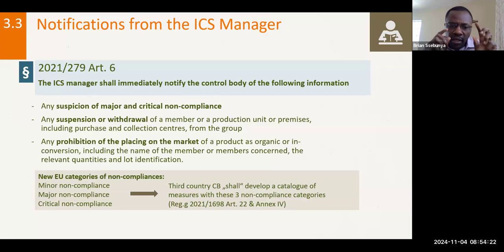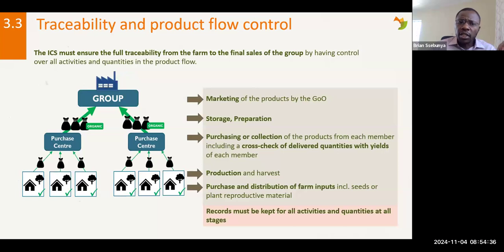For you, your job is to identify the non-compliance and then make sure that the CB is notified, and then you will work through any corrective actions that are needed together. I talked about the traceability and product flow, also a procedure, exactly.